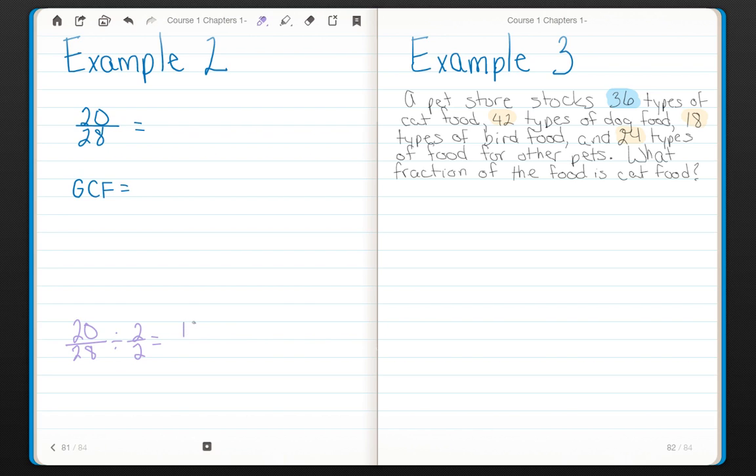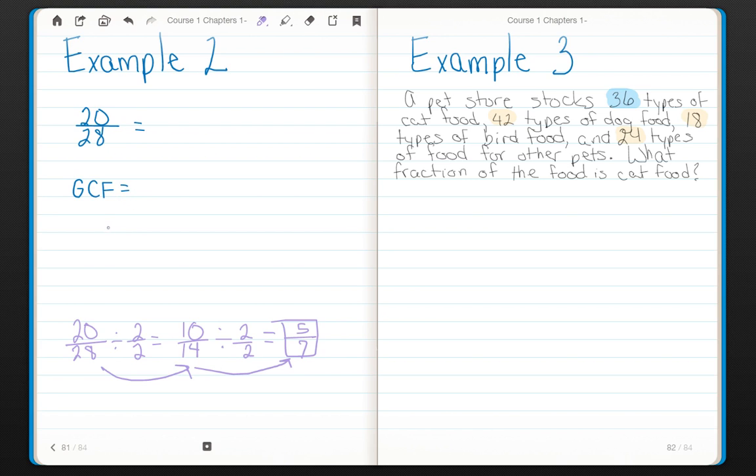So I can reduce that by dividing by 2 and getting 10/14. But I see that 10/14 are both even, so I can reduce again, dividing by 2 and getting 5/7. Now this takes 2 steps. I have to divide once, and then I have to divide again before I finally get to my simplified answer. Finding the greatest common factor, however, allows you to reduce in one step.